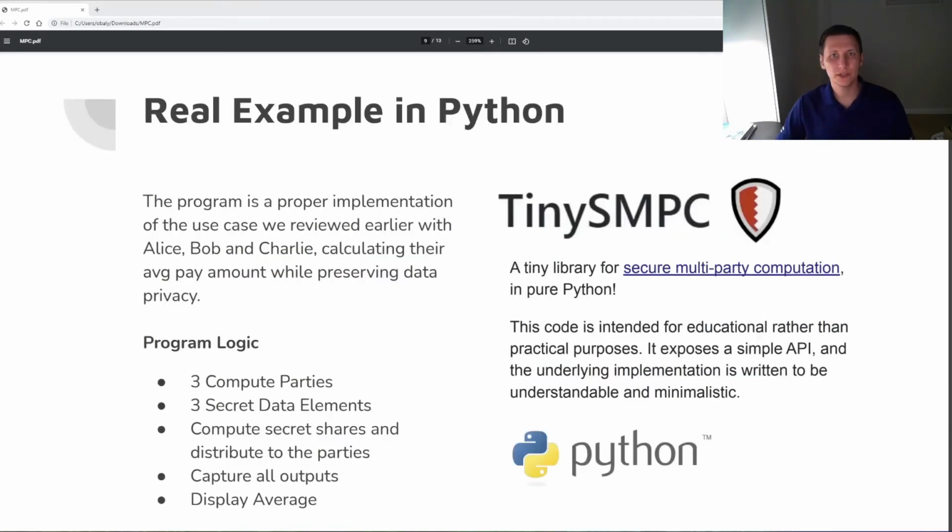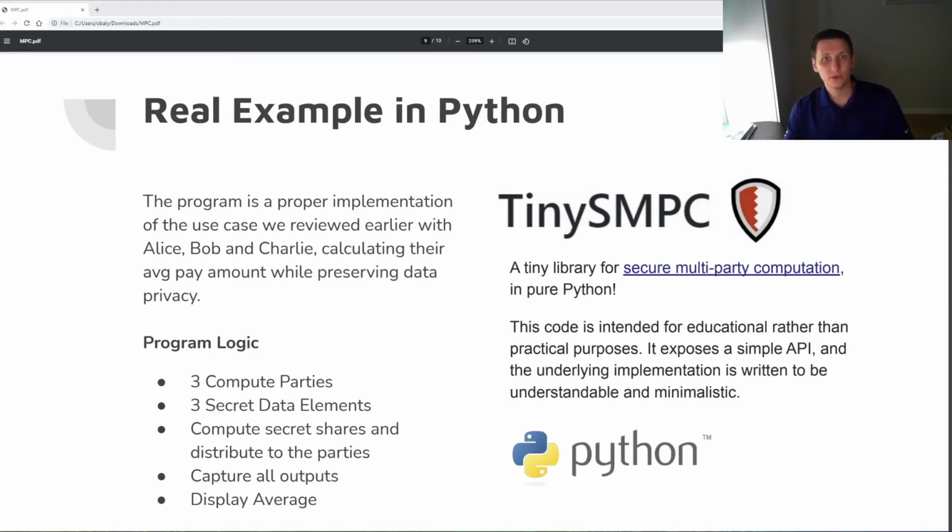To better demonstrate a real-life example of MPC computation, I've prepared an example using the TinySMPC open source library, which is intended for educational purposes and supports basic mathematical operations.